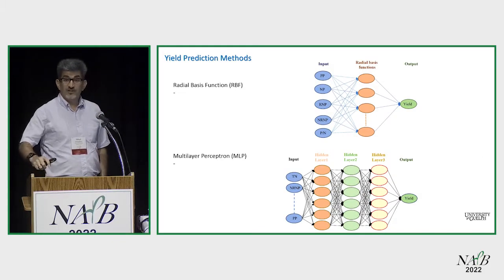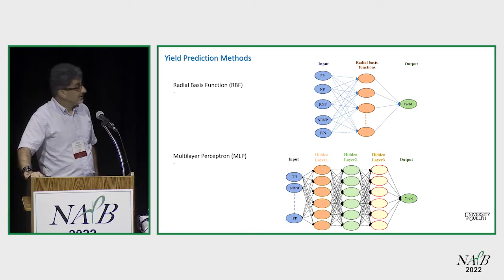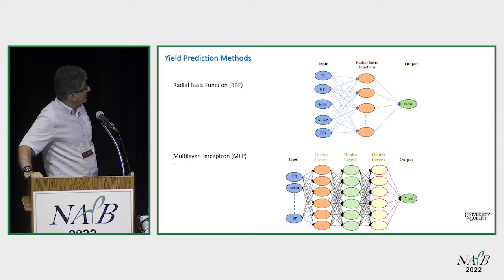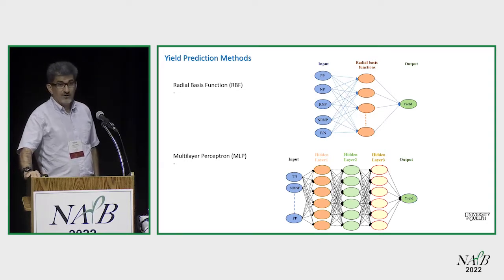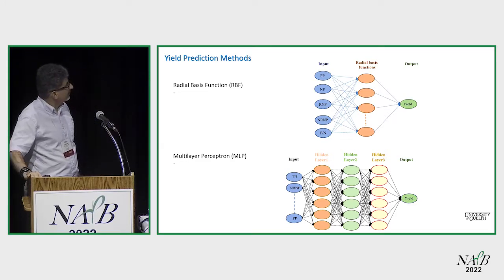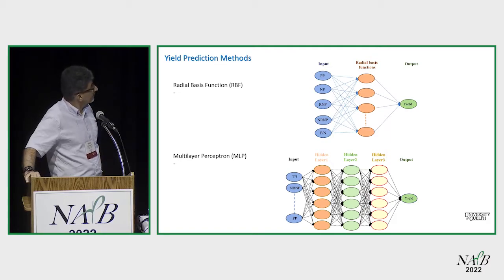To predict yield from those components, we use 3 different machine learning methods. The radial basis function and multi-layer perceptron, which is a very well-known deep learning algorithm from the neural network category.